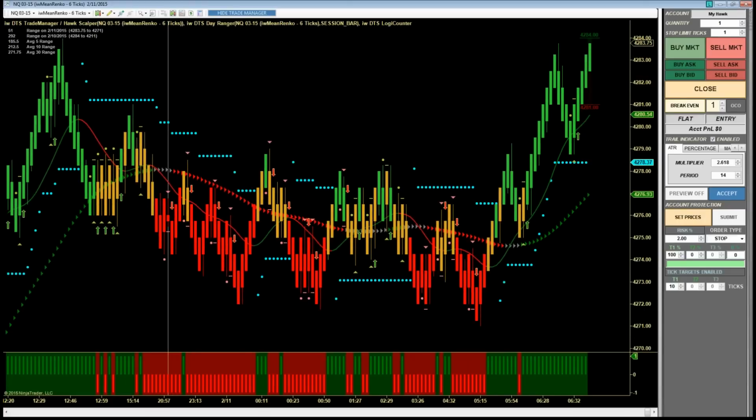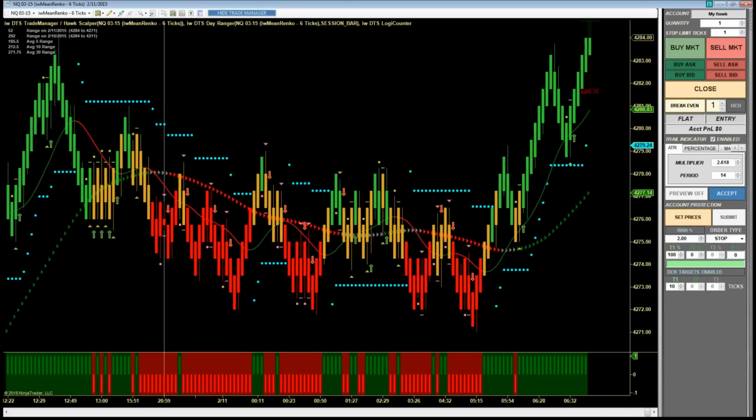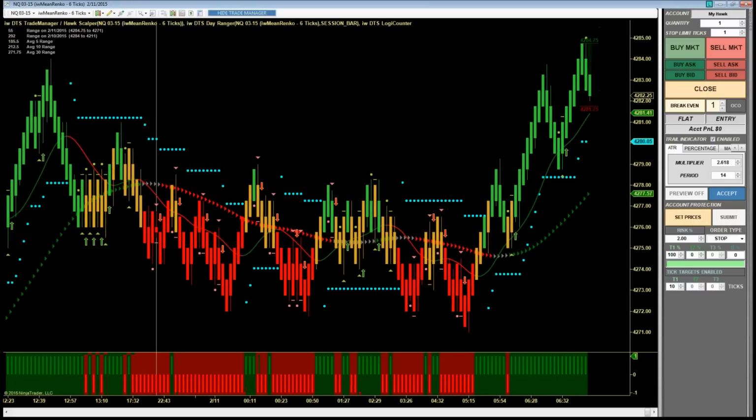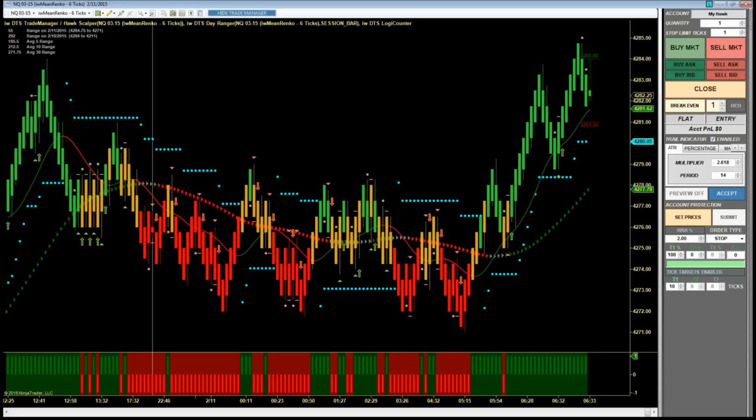When all the trade parameters are complete, we're going to get a triangle and a hash mark, just like it did right here. And that tells us that we have a tradable signal. This is going to be true across the board, whether you're trading the Hawk, the Falcon, the Eagle, or the Raptor. The signals always develop the same way.